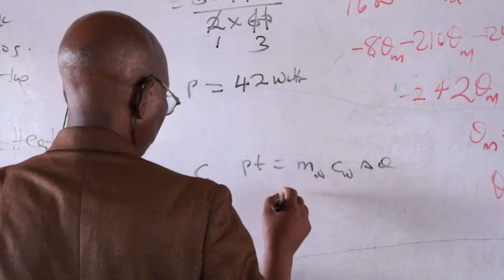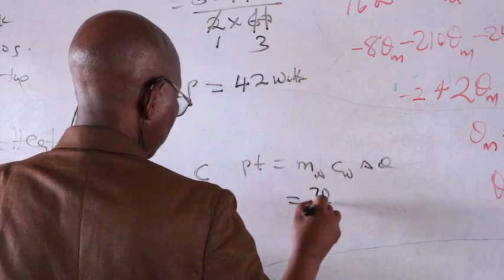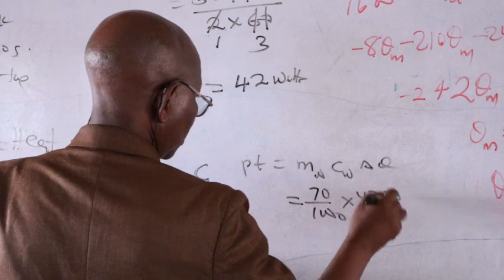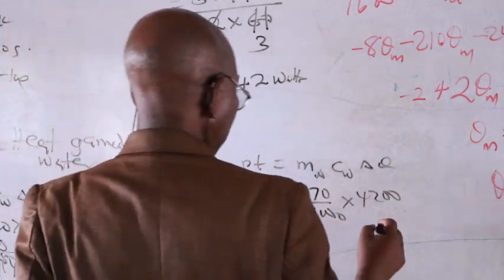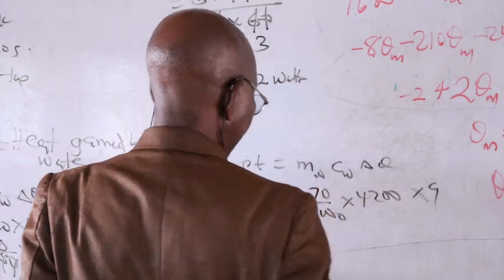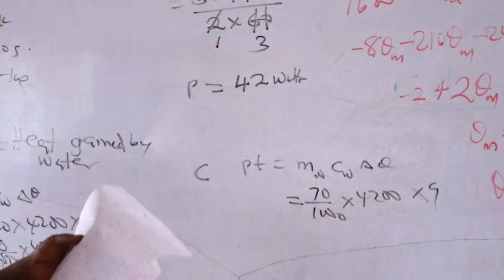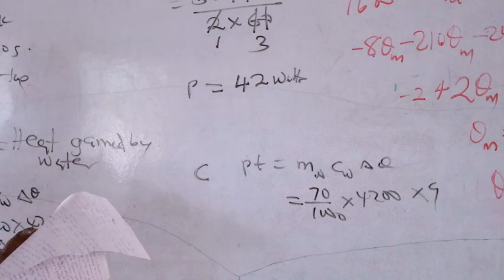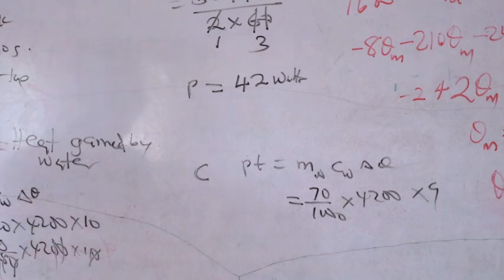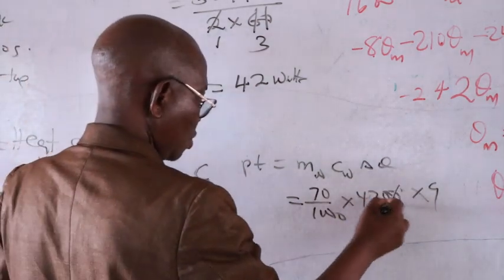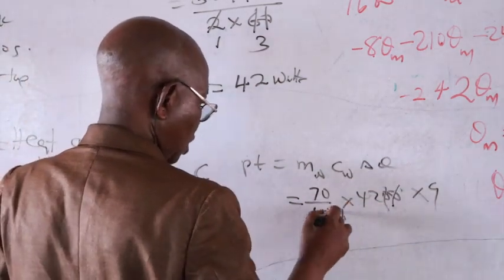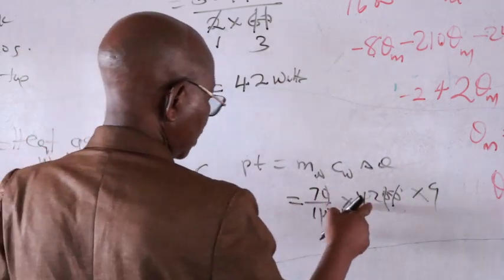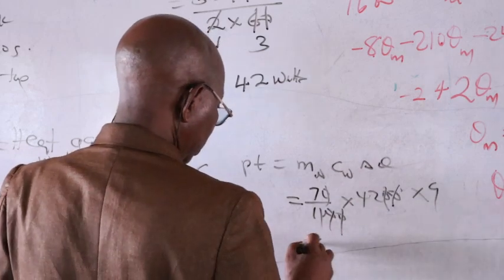Change it to kilogram: 70 over 1000 times 4,200 times 9. That gives the quantity of heat supplied to 70 grams of water. And that will be worked out. You have 0 here, cancel this. 0 cancels another, this cancels this. So you now have 7 times 4.2 times 9. So what is that?